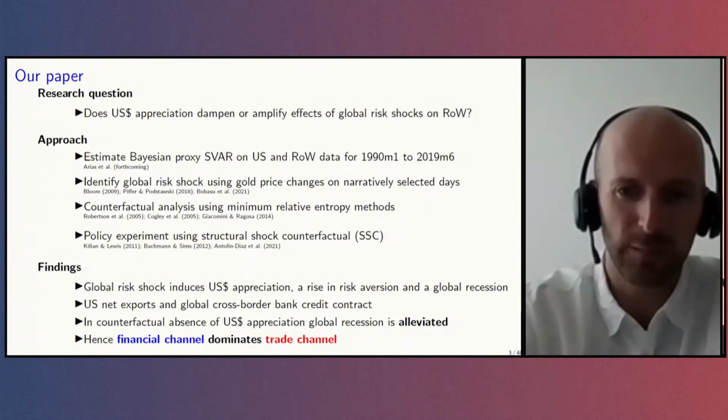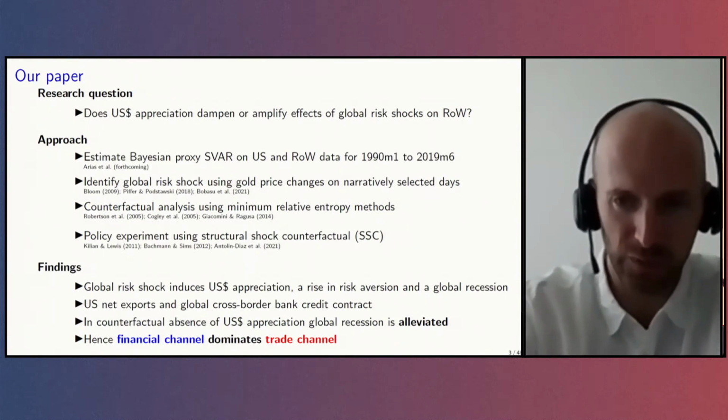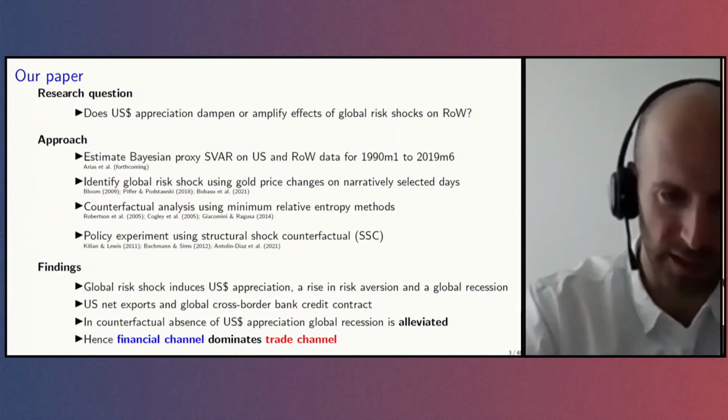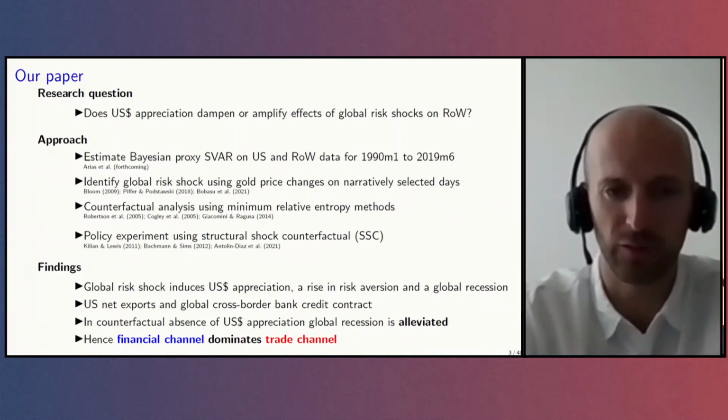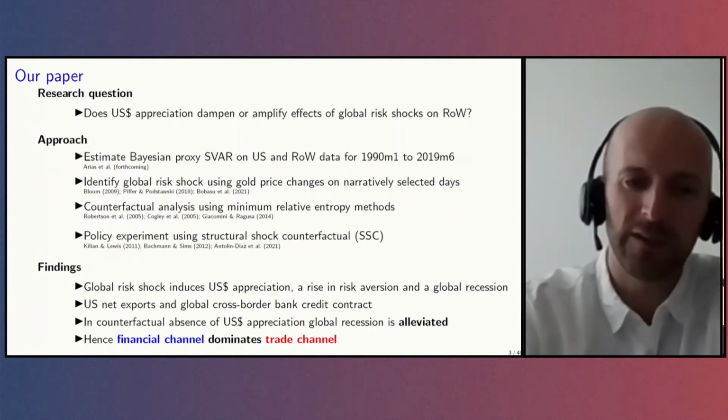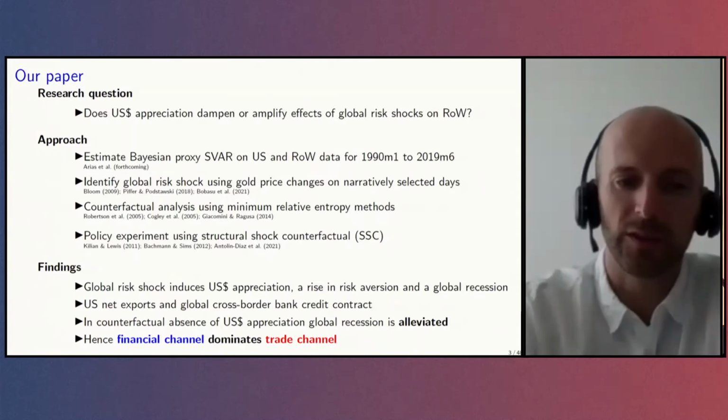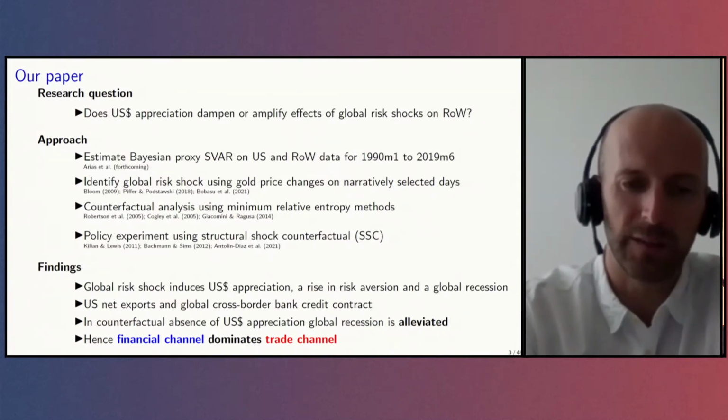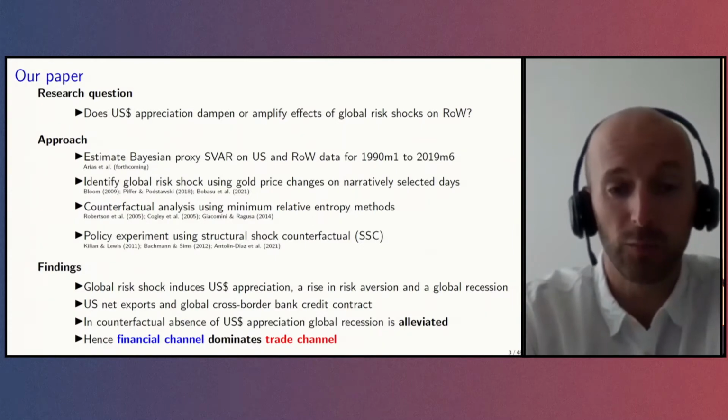We also established that global risk shocks empirically induce a global recession that's pretty much synchronized across the US and the rest of the world. And we also provide evidence that is consistent with the trade channel and the financial channel that I mentioned previously being operative in the data.